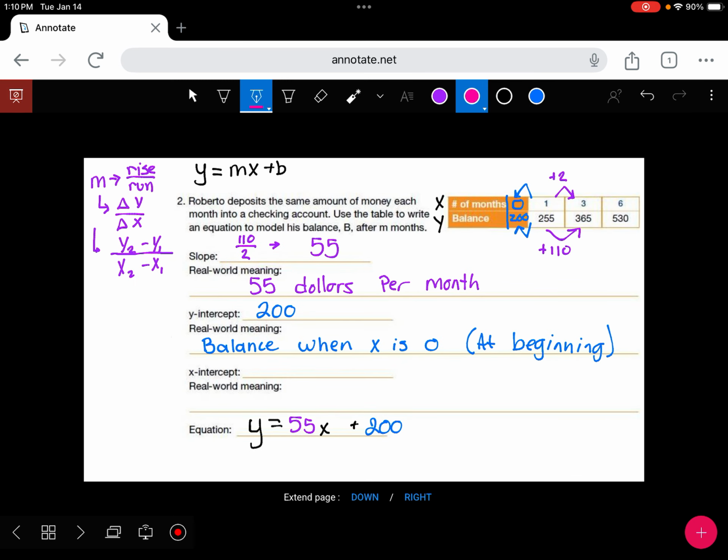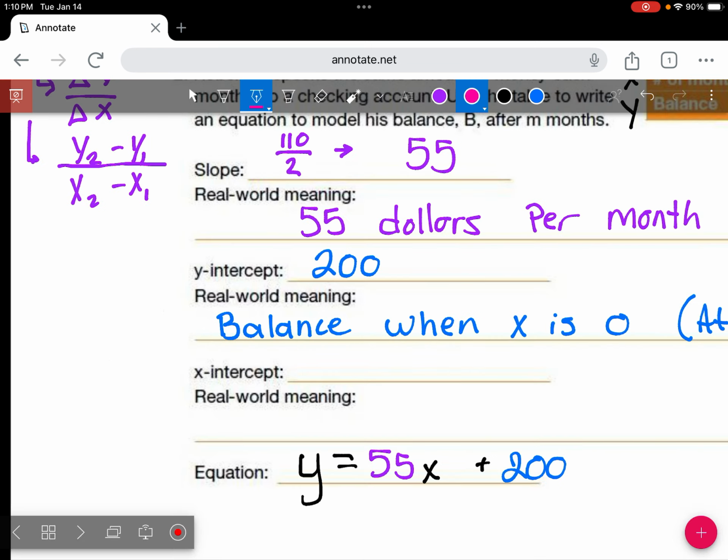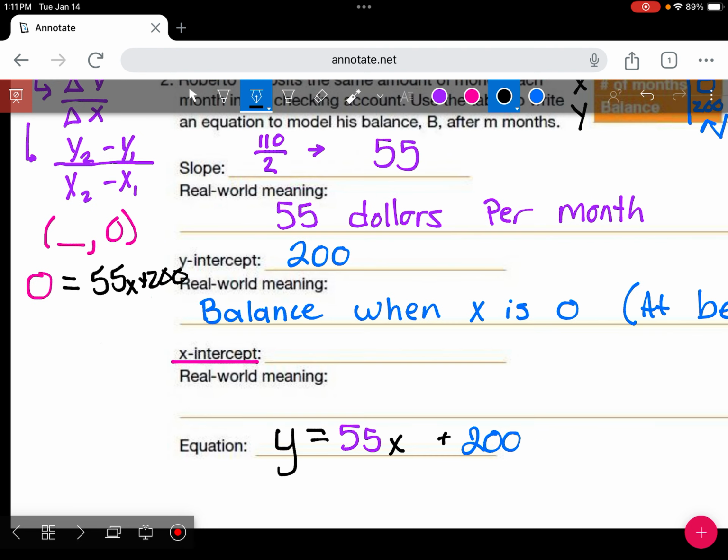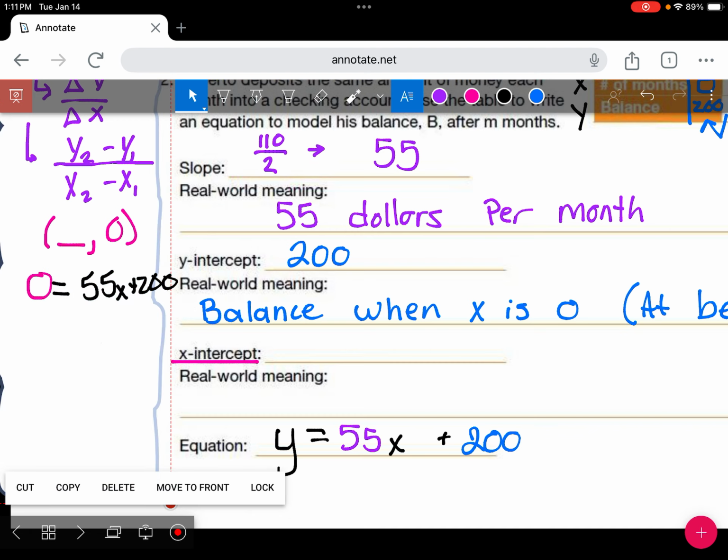And then our last piece on this one is to find our x-intercept. So again, I want to know what x is when y is 0. So I'm going to substitute in 0 for y. And we want to know when that happens. 0 equals 55x plus 200.